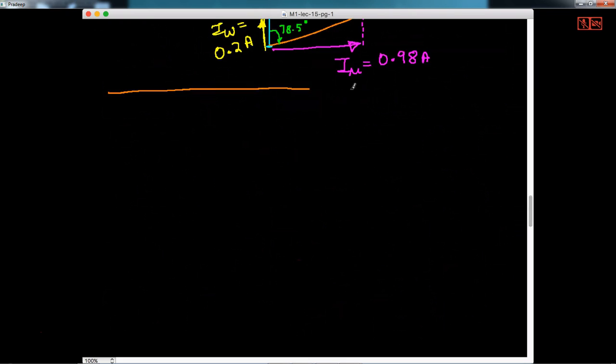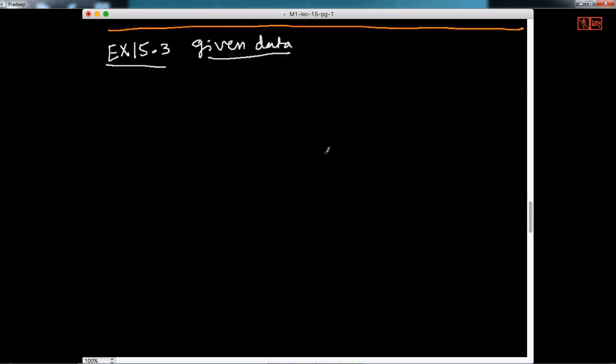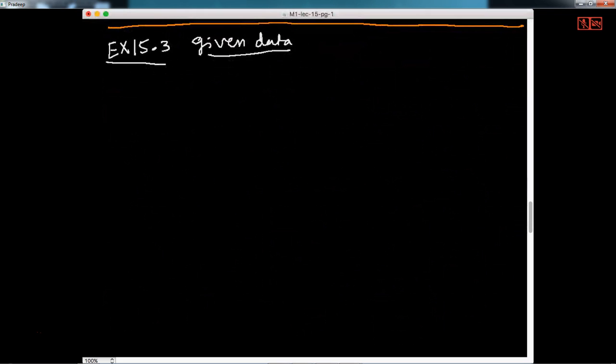So let's call this example 15.3. Again, let me give the given data.